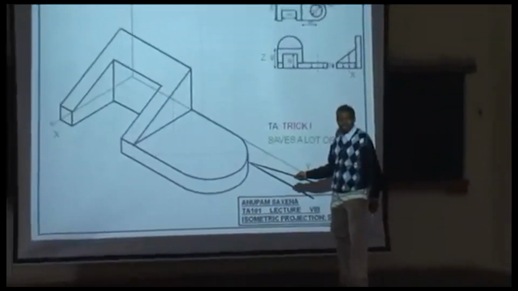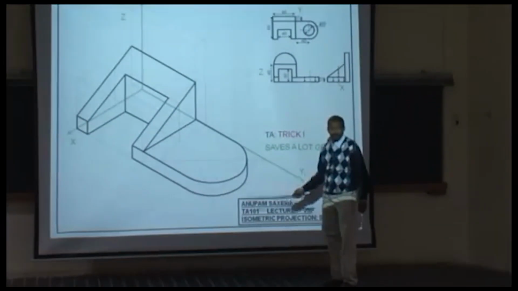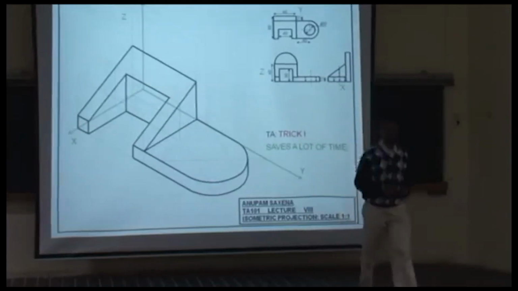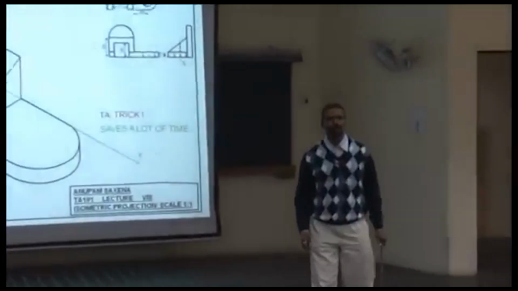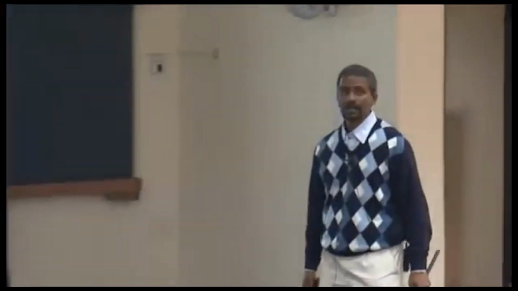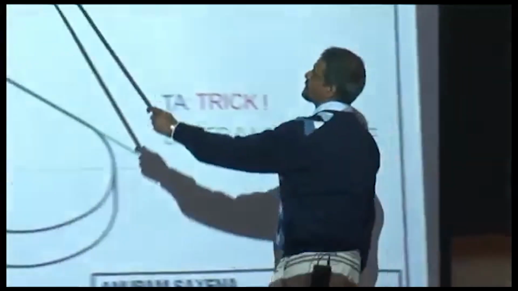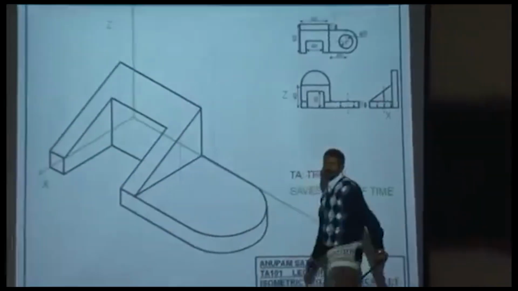So this vertical line is tangent to both these arcs. Hold on. You can do precisely the same thing for this block here.